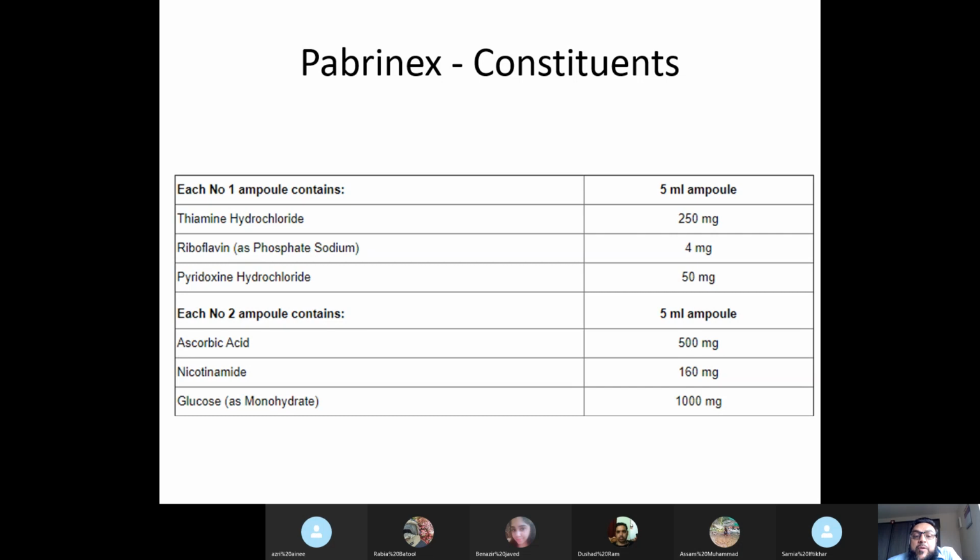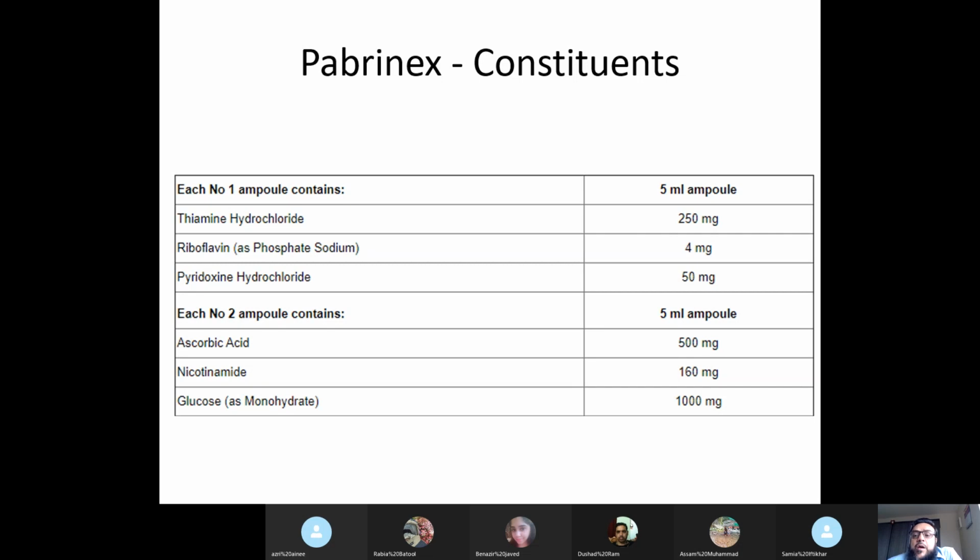Ampule 1 is thiamine, riboflavin 4 milligrams, pyridoxine 50 milligrams. The second ampule will have vitamin C 500 milligrams, niacin or nicotinamide 160 milligrams, and glucose 1 gram. So it contains glucose as well, because the patient can also go into hypoglycemia. So Pebrinex takes care of that.